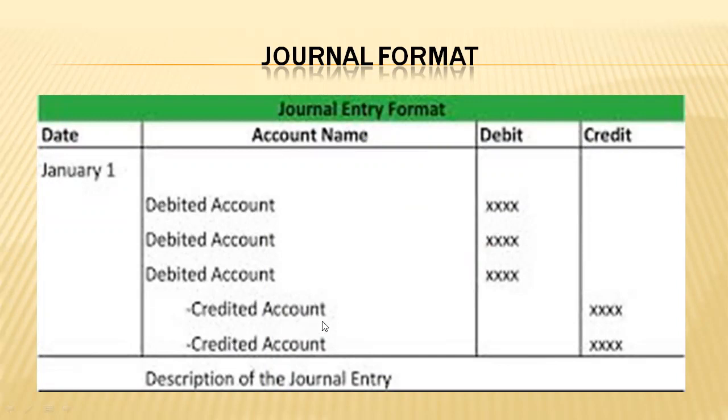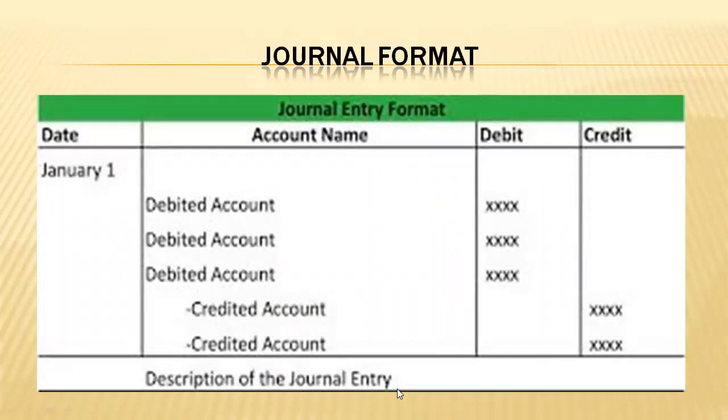And lastly, for every journal, you need to have a description. The description is what exactly that particular journal was for. So you can see the description of the entry.